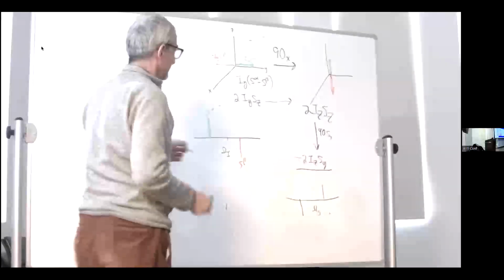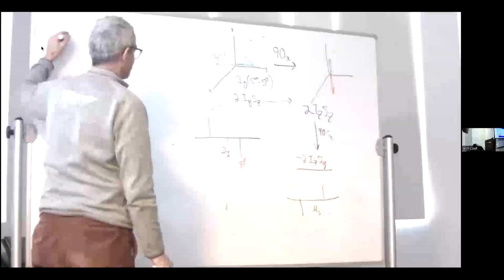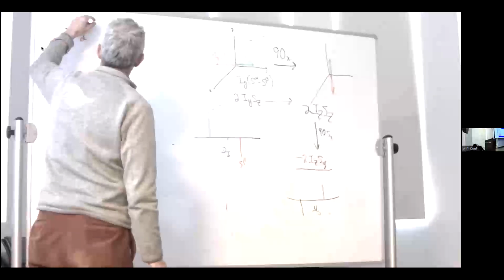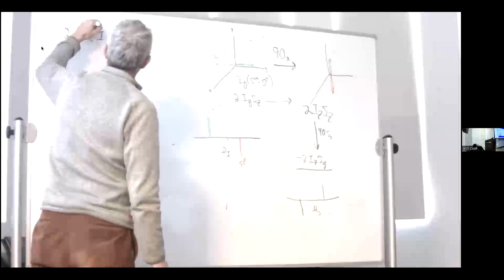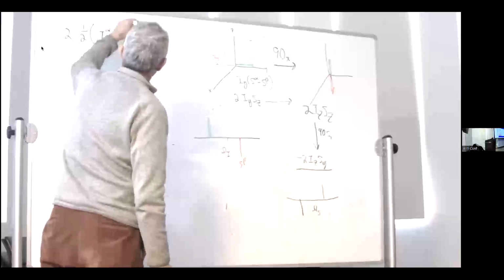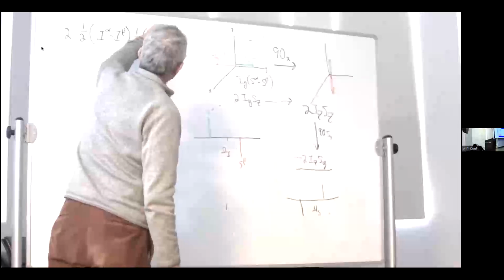Okay, so if I switch this to a different representation, this is 2 times 1/2 (I alpha minus I beta) times 1/2 (S alpha minus S beta).